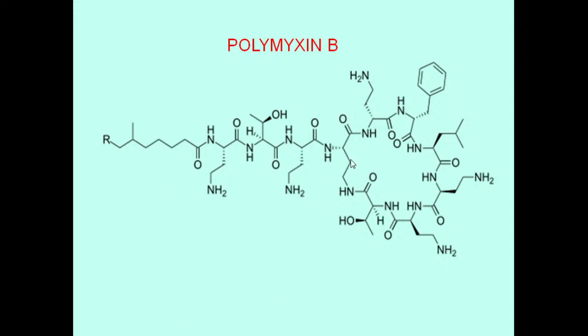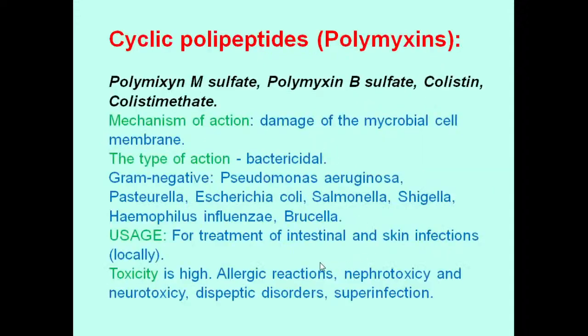Polymyxins, cyclic polypeptides. This is the chemical structure of polymyxin B. Cyclic polypeptides or polymyxins include polymyxin M sulfate, polymyxin B sulfate, colistin, and colistimethate. Mechanism of action is damage of the microbial cell membrane, causing impairment of permeability.